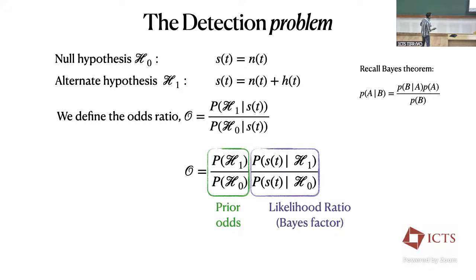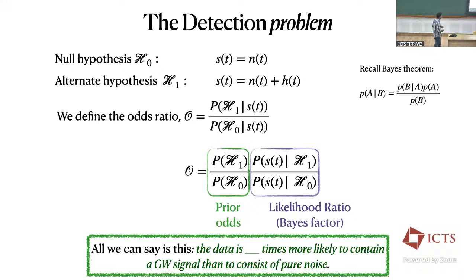So the likelihood ratio is nothing but the probability of the data, assuming our alternate hypothesis H1 is true, divided by the probability of the data given that there is only noise. Okay? So at the end, performing this exercise, all we are able to say is that the data is this odds ratio times more likely to contain a GW signal than to consist of pure noise.